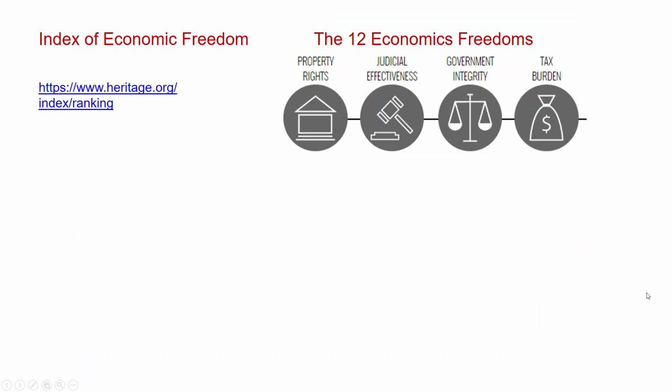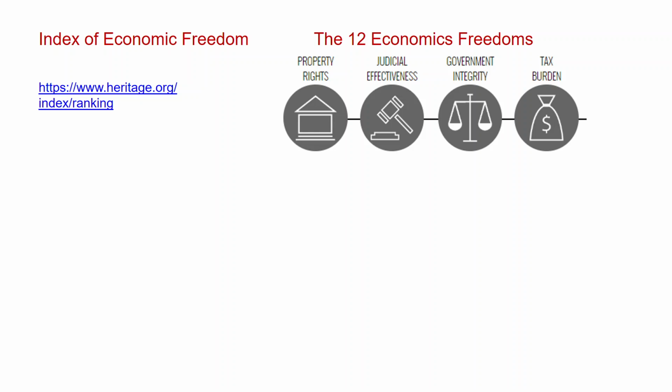Now, another thing talked about in your text is the Index of Economic Freedom. And this is done by heritage.org. It's done every year, and it's based upon 12 economic freedoms, the scores of which are applied to every country in the world. So every country in the world has a score on property rights.